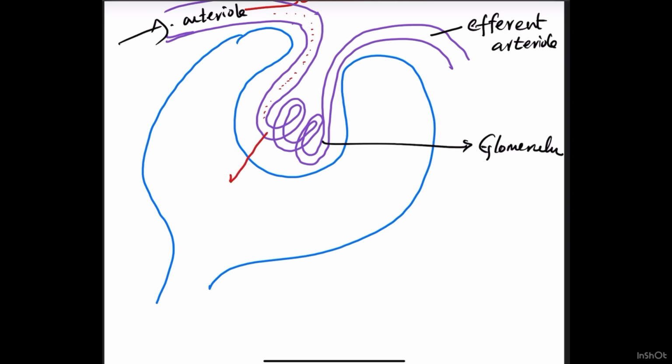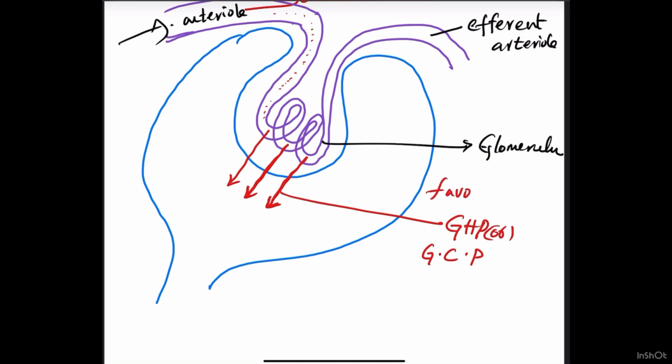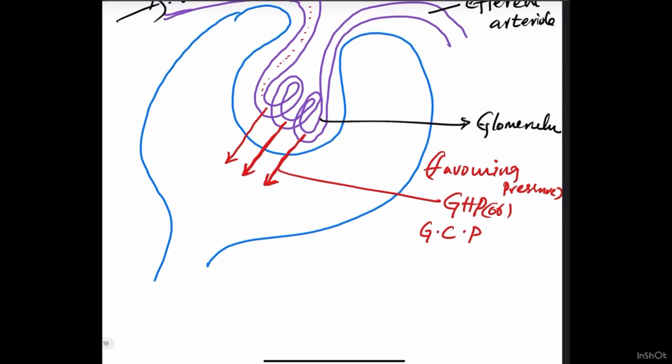This is GHP, or you can consider it the capillary pressure, GCP, the glomerular capillary pressure. This pressure pushes the solution downward, hence it is called the favoring pressure. If this pressure is not there, the solution cannot be filtered.